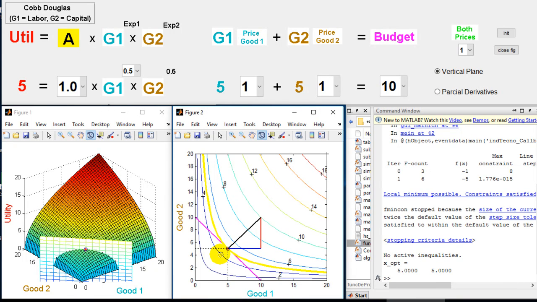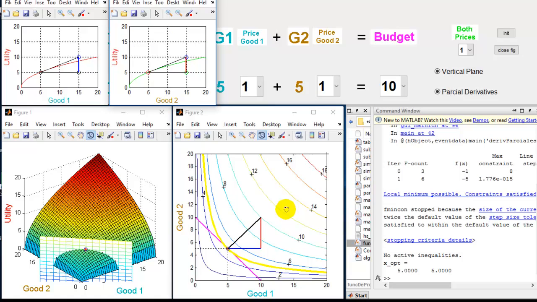Okay, and finally a little bit of comment about the gradient that you get mathematically with the partial derivatives. You take the partial derivative of utility with respect to good 1. So what you do is take good 2 as constant, and then you vary only good 1, and you get this, which is the normal concept of derivative in one dimension.